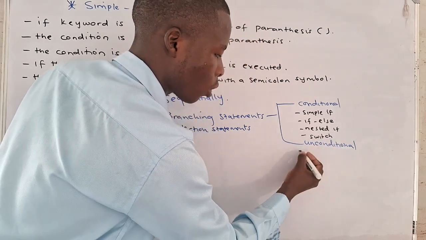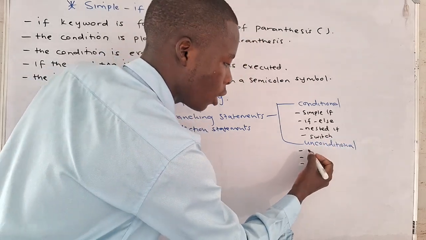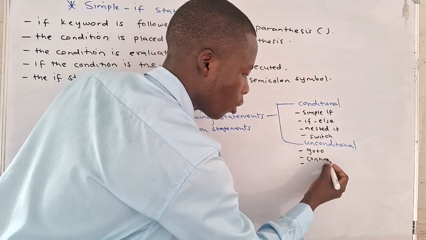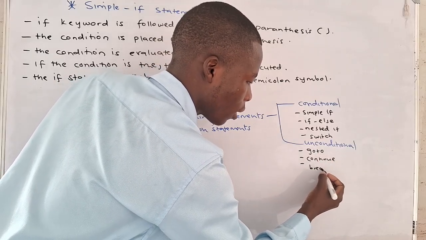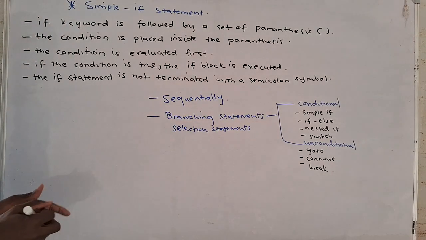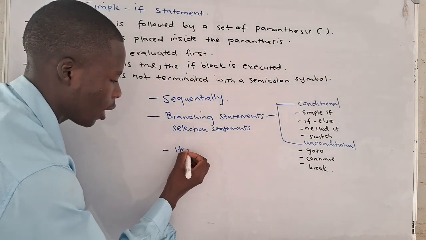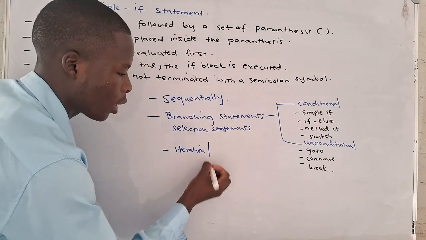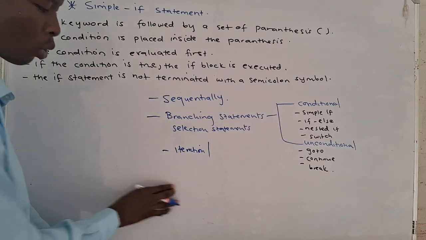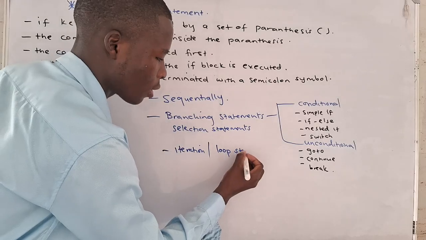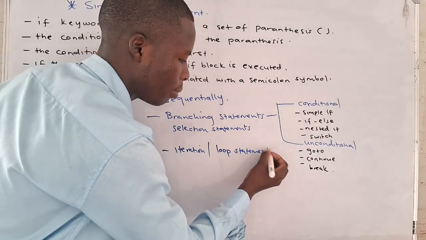The unconditional statements are further divided into three. We have goto, we have continue, and we also have the break statement. We also have iterations, or iteration loops, which are also called the looping statements.